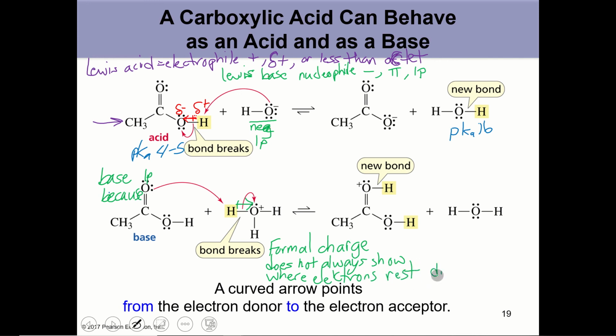You have to draw your dipoles to figure out which atom is going to be the electrophile. The atom that is the most electron deficient, the least electronegative, is more likely to be the electrophile. So draw your dipoles.